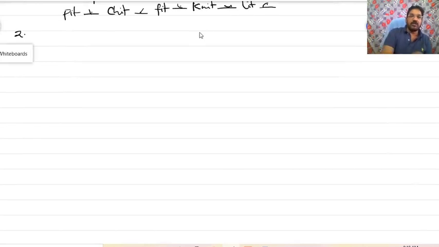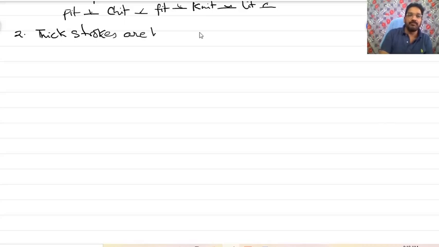We said light strokes are halved for the addition of T only. Now, thick strokes. Thick strokes are halved for the addition of D only.